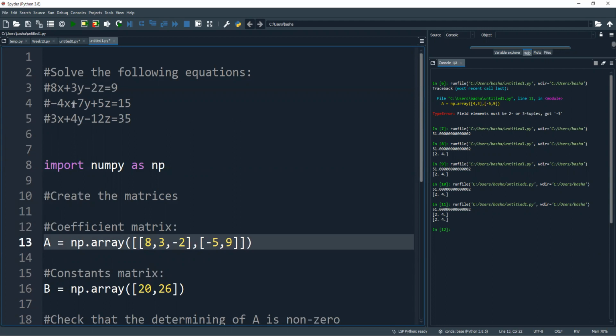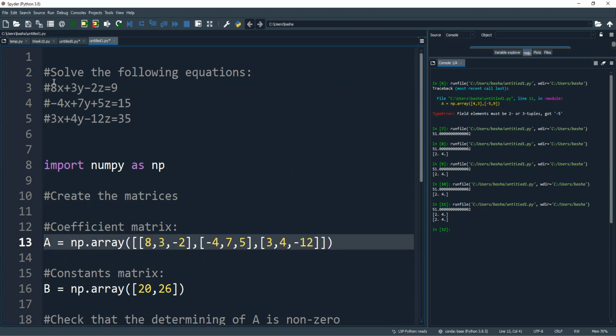Second row here is -4, 7, 5. I'm just going to change this to -4, 7, and then 5. And then I have a third row here. Third row means a new set of square brackets. And this third row here will have 3, 4, -12, right?